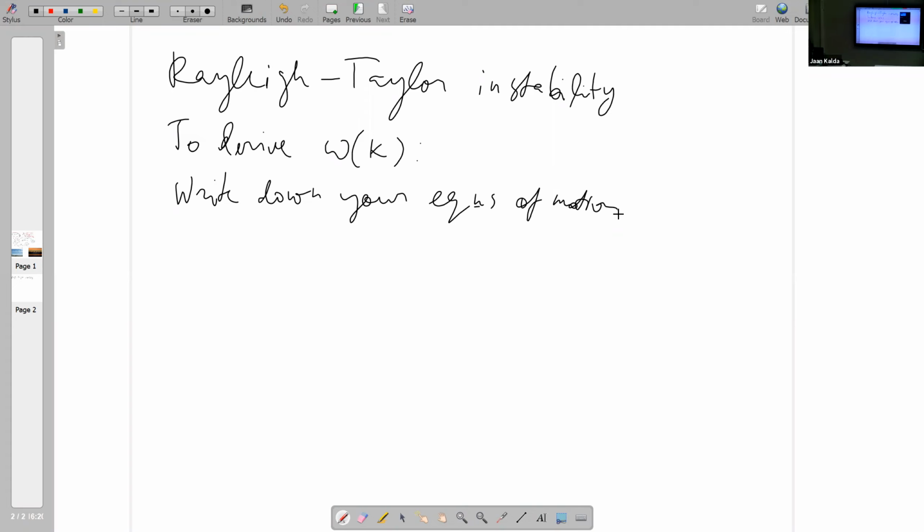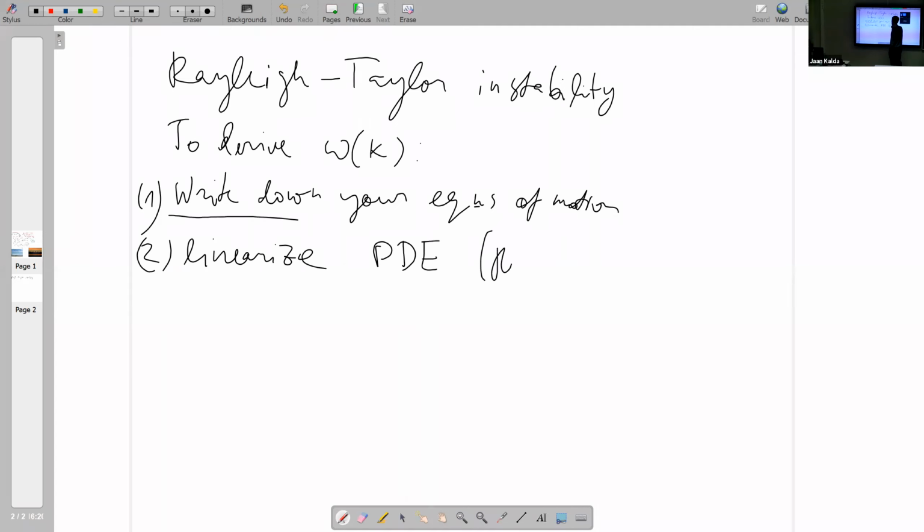It will be a lot more math than what we did here, but the basics remain the same. Write down your equations of motion. This is the first step. Then second is linearize. And then at the end of the day, you have equations in partial derivatives, a partial differential equation, possibly a set of them, possibly more than one.